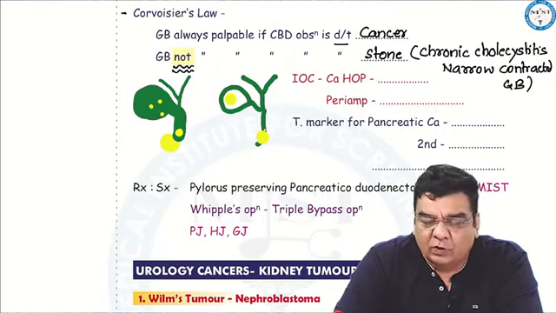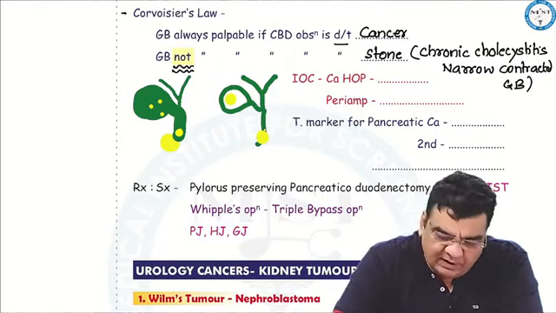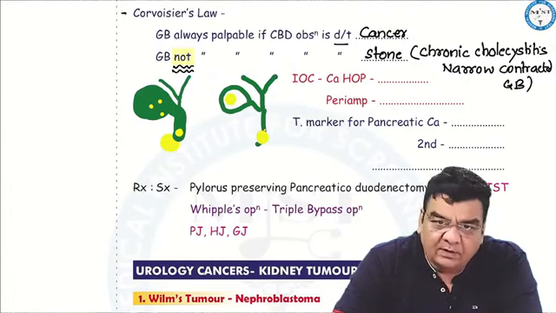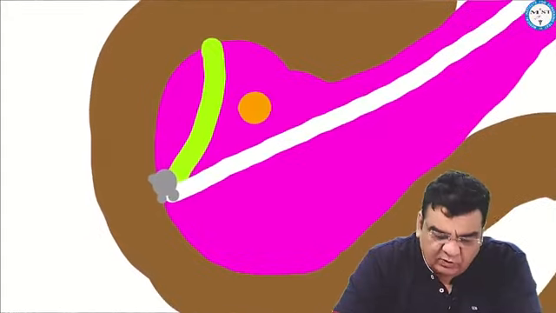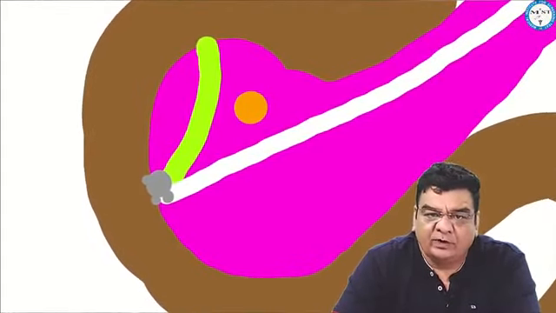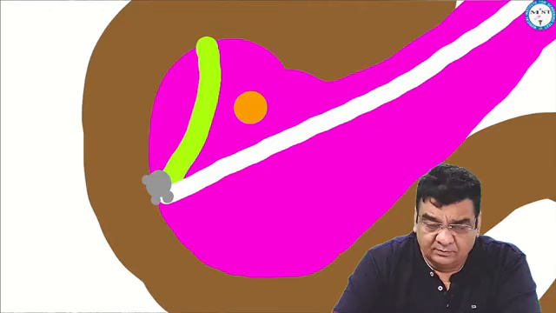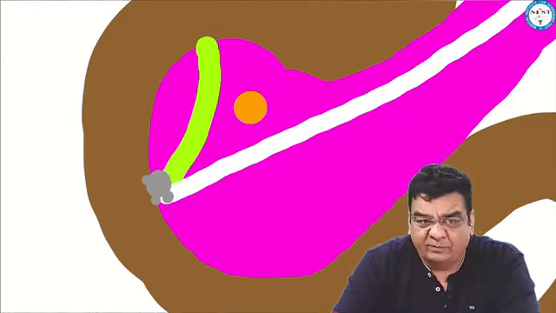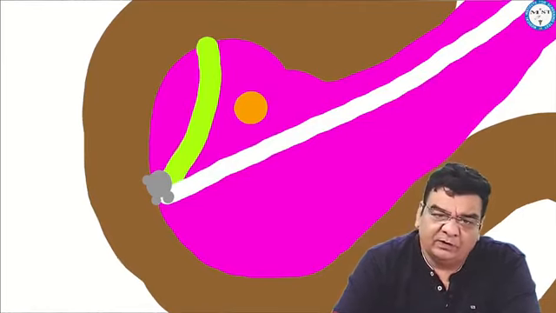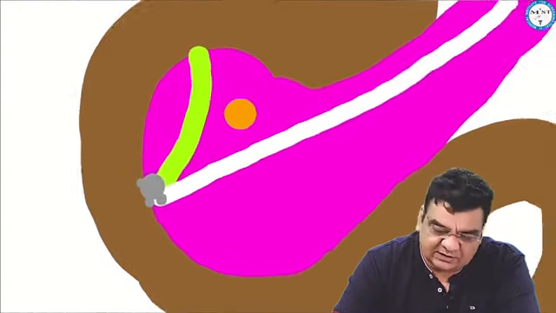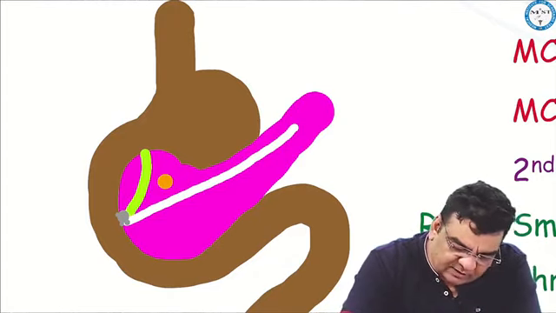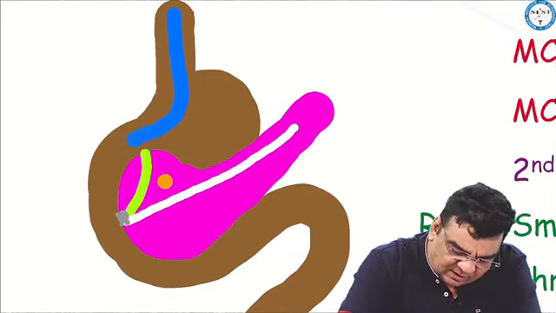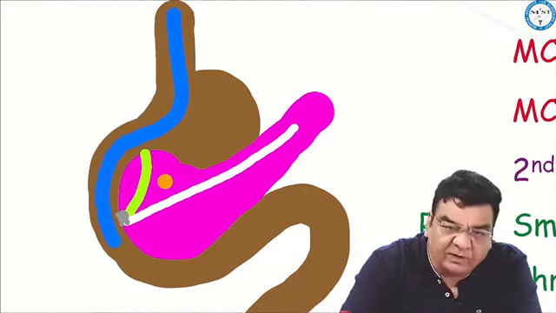Another question which I want to ask you, beta: in which of these two malignancies would you be able to take an endoscopic biopsy? Will you be able to take a biopsy from periampullary cancer, or from head of pancreas cancer? We know, beta, the upper GI endoscope is passed through the mouth, through the esophagus, stomach, and comes into the duodenum here.